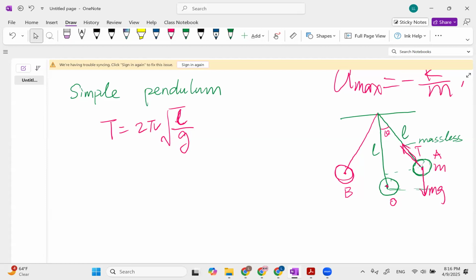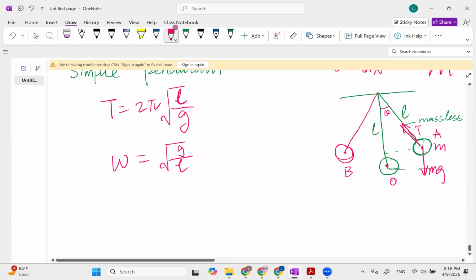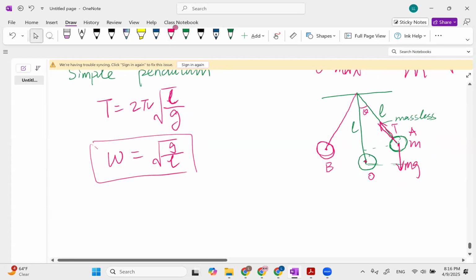Sometimes you may mess up the equation. You got it? 2 pi square root of L over g. Does it make sense? Then your omega will be equal to square root of g over L. But normally, we don't use this one too much for a simple pendulum, right? Because omega equals 2 pi over T.